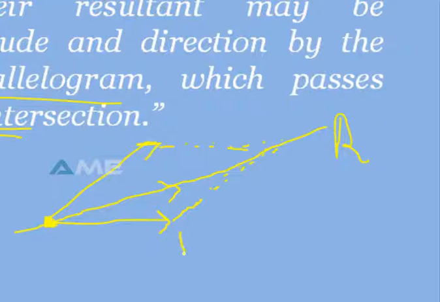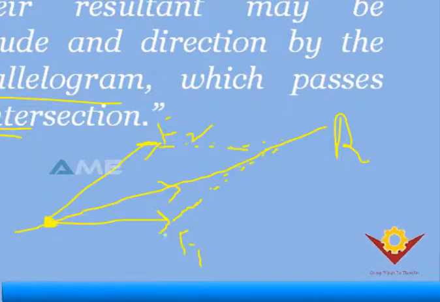This is your F1, which is force 1, and this is force 2. So once again, according to the parallelogram law, if the forces are coplanar and concurrent, then the resultant will be the diagonal of that parallelogram, which is formed by the two forces, that are the adjacent sides of your parallelogram.